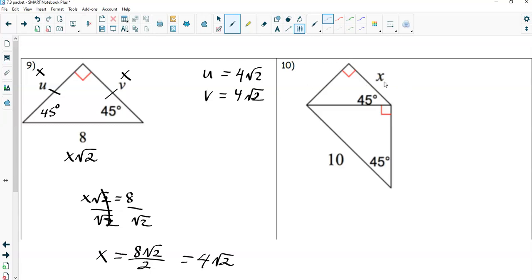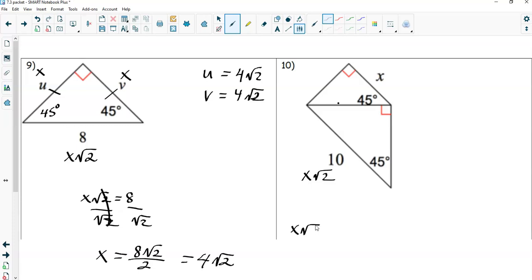Okay. Here's one where they gave me two triangles put together. The hypotenuse of the smaller triangle, which is a 45, 45, 90, happens to be the side of the bigger 45, 45, 90 triangle. So they give us the hypotenuse of the big triangle. So take that and say, well, that is x times the square root of 2. So that means these two numbers are equal.